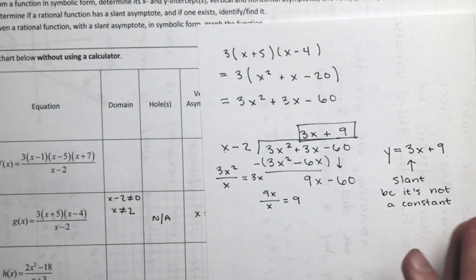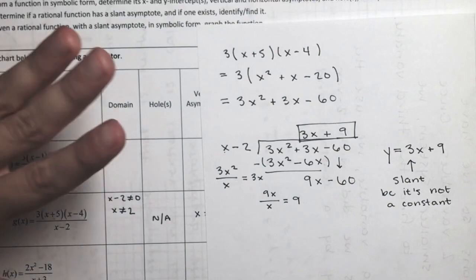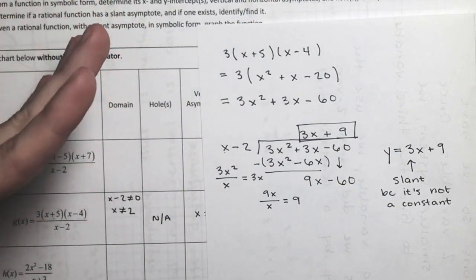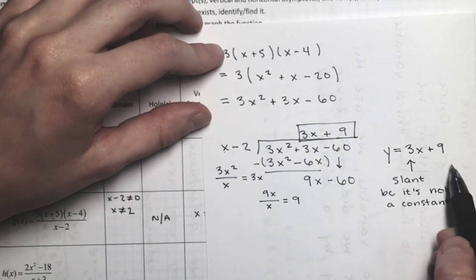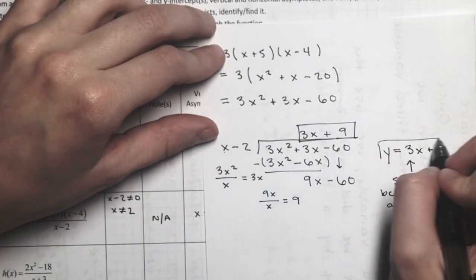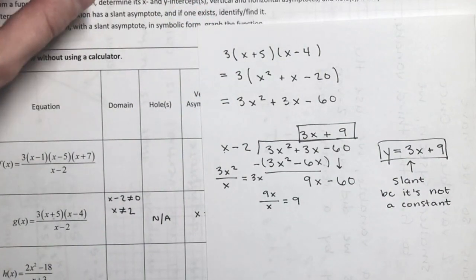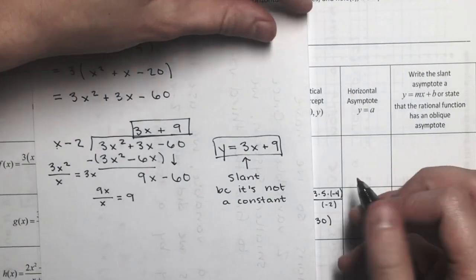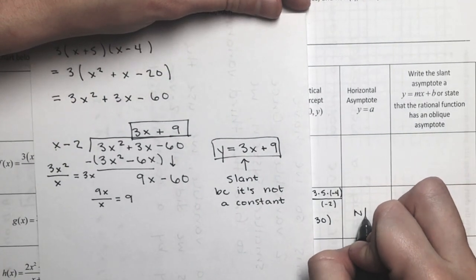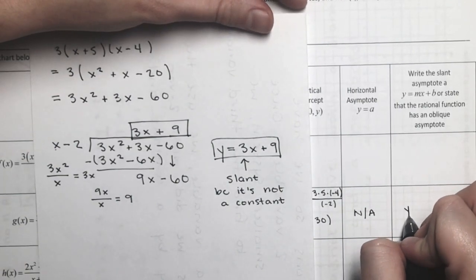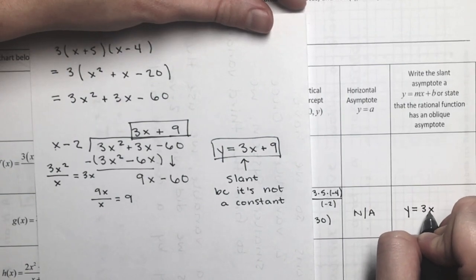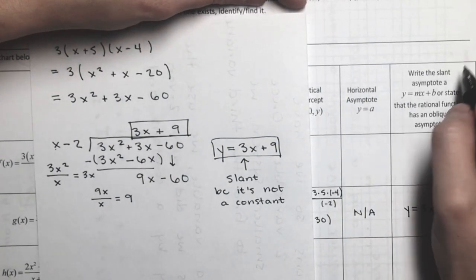Horizontal asymptotes are like y equals 3 or y equals negative 2 or y equals 17. But here we have an x term, so we have a slant asymptote. If we have a slant asymptote, it means we don't have a horizontal asymptote. So none there. And our slant asymptote is y equals 3x plus 9.